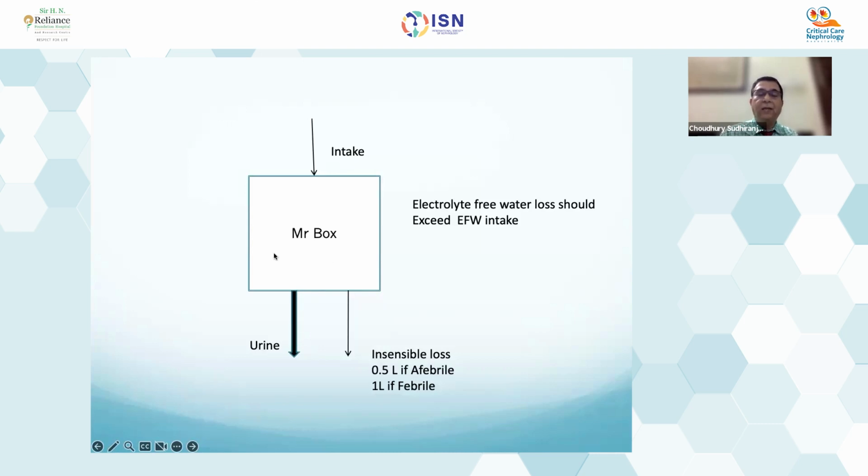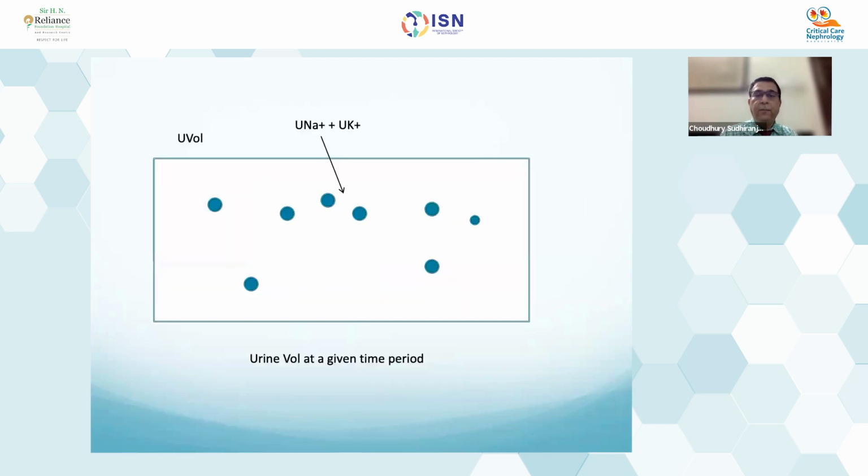So we cannot calculate with the same formula which was given by Dr. Nicholas Medias. So now coming to the free water concept in the urine: how do we know how much free water is inside the urine volume that is passed?